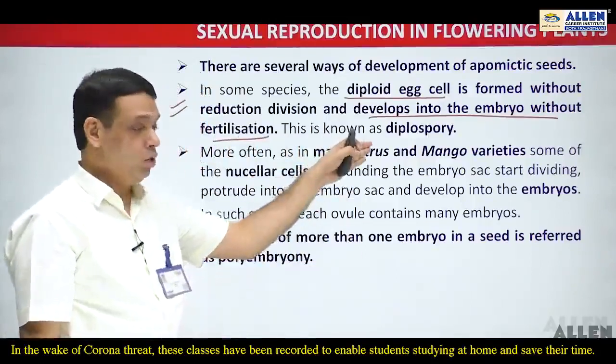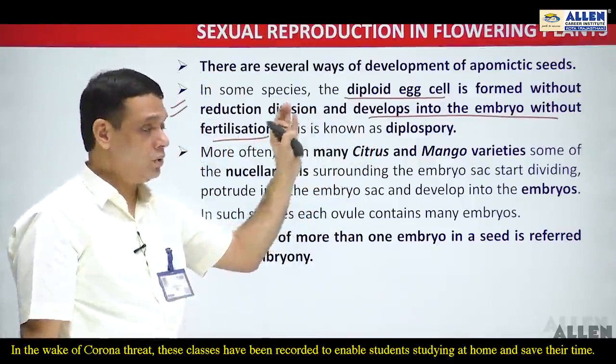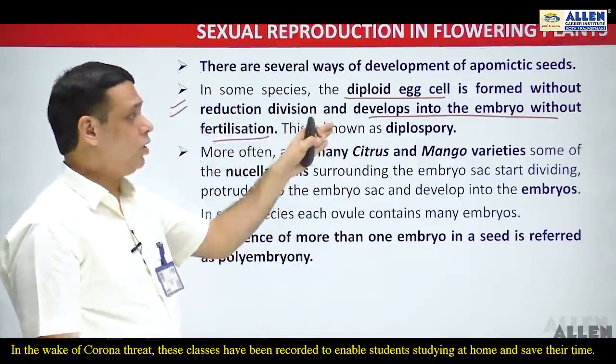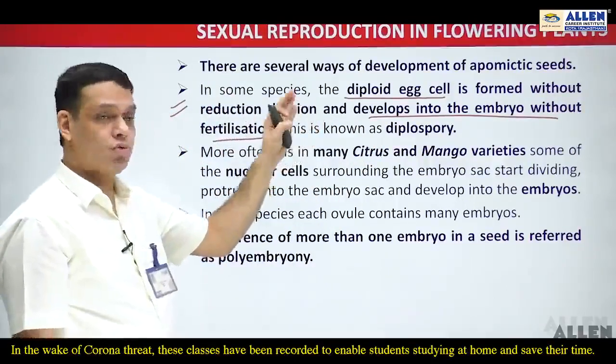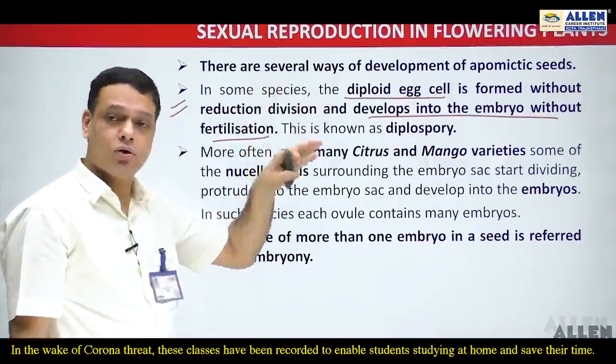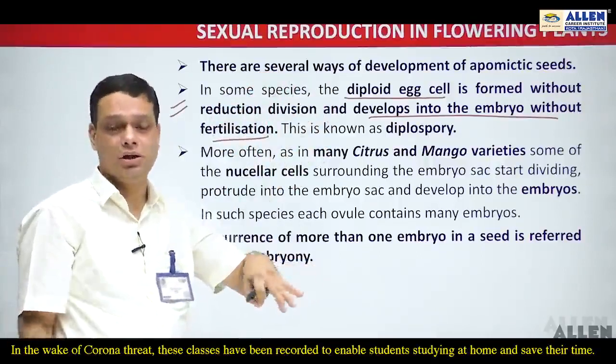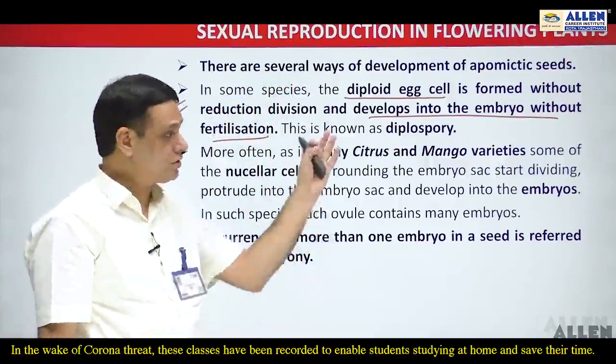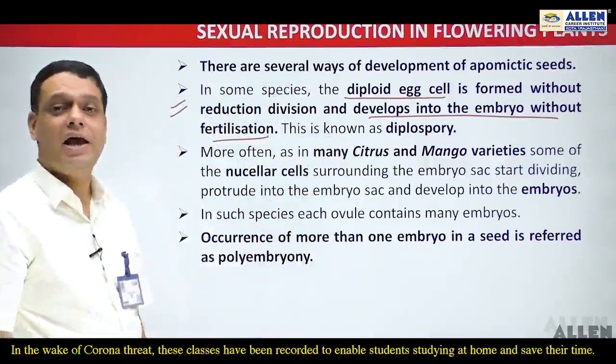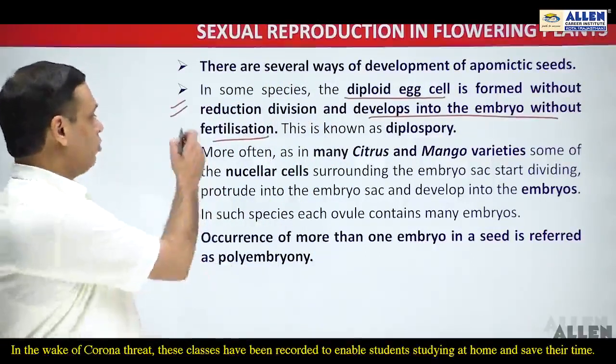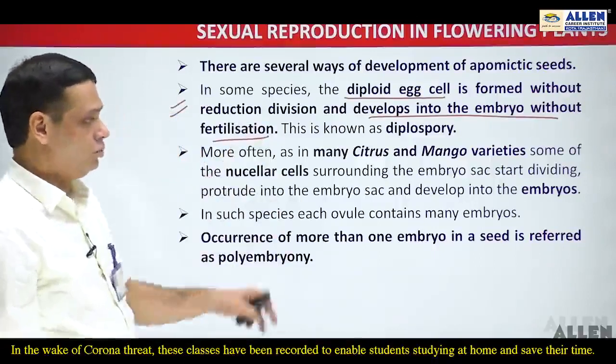So diplospory deals with the formation of diploid embryos from a diploid egg cell without meiosis and without fertilization, which means it is apomixis. Such embryos are considered apomictic embryos. A very important example of apomixis.